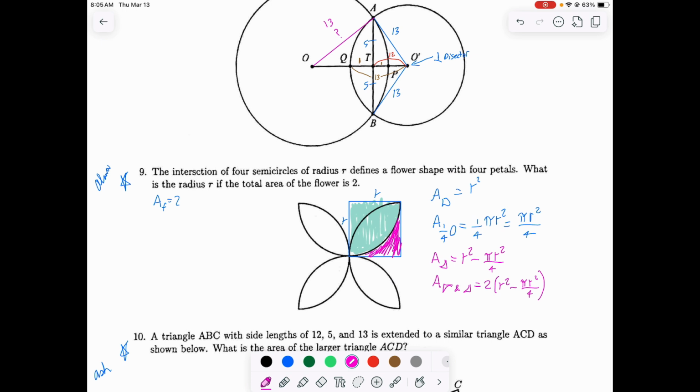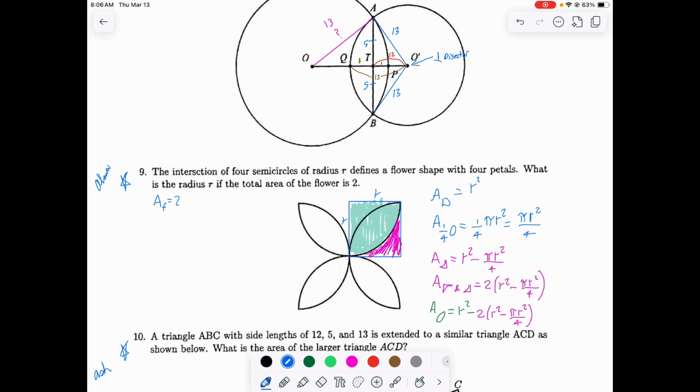Well, what I really want is the area of this petal. So how do I get that? Well, the area of the petal is really equal to the square minus that pink part, r squared minus 2 times r squared minus pi r squared over 4. And now that I know the area of one petal, I can get the area of all 4 petals by putting these all together.